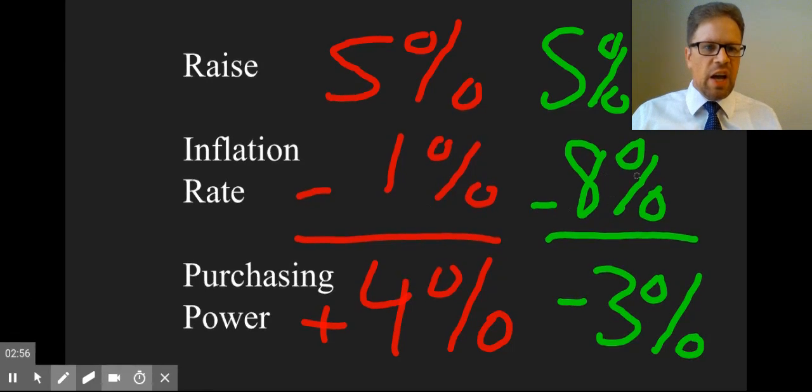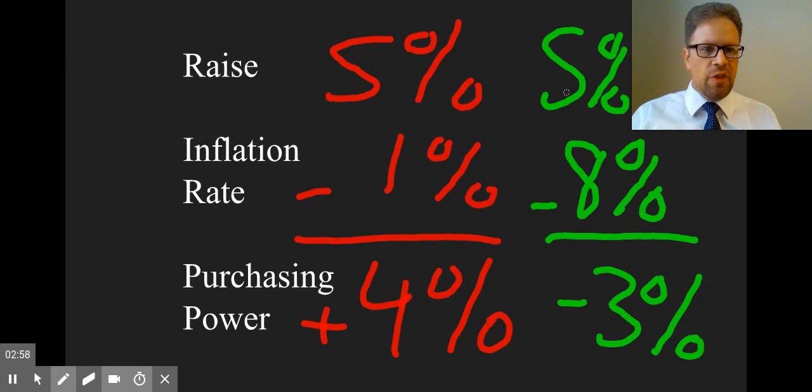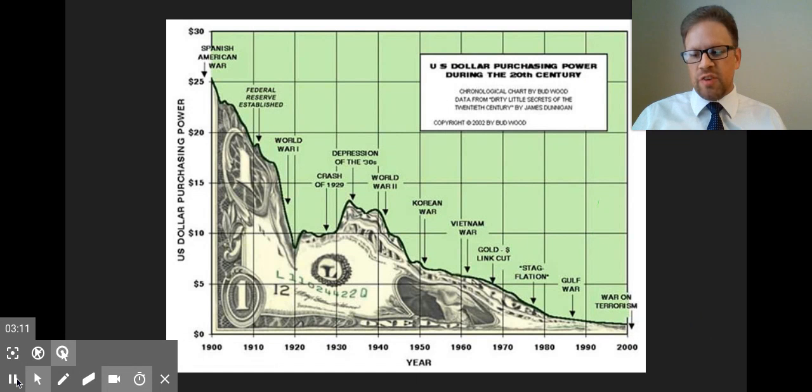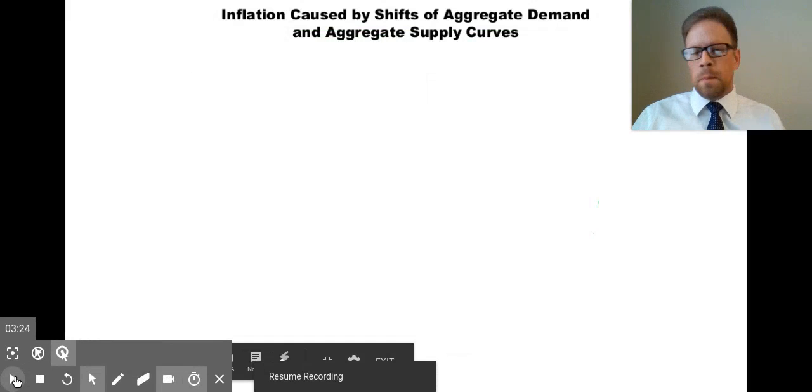So you see, because of that higher inflation rate, even though on paper you make 5% more, you actually can get 3% less than you did the previous year. Now, I should point out, the economy can usually adapt to gradually rising prices, but whenever you have high, unpredictable inflation, this can have very negative side effects on the economy, like tending to result in increases in interest rates on loans, as a for instance.